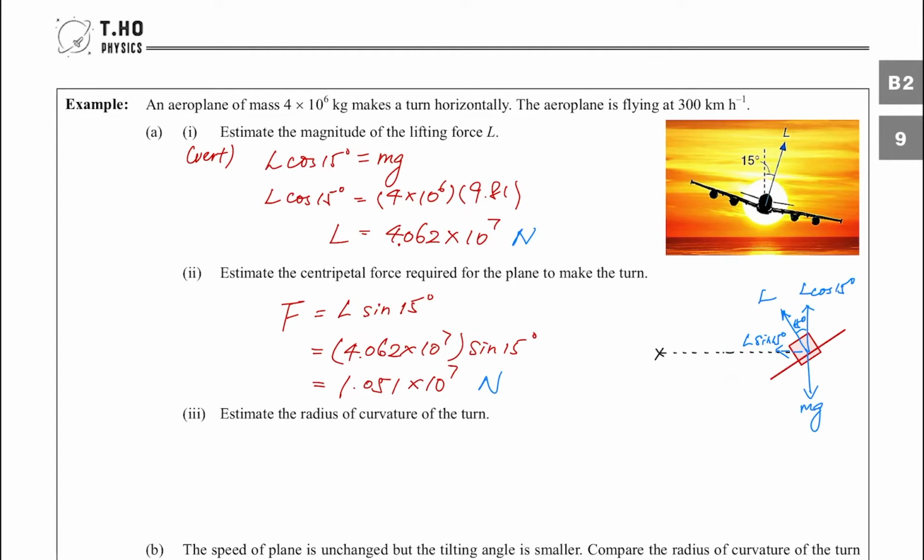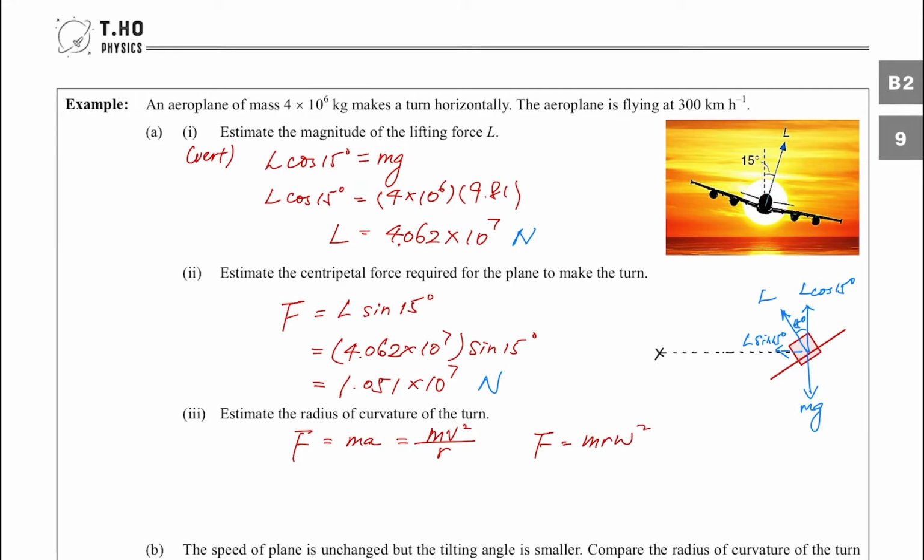Now here, the plane is turning with the centripetal force provided by L sine 15 with this magnitude, and we are asked to find the radius of curvature of the turn. Because F equals ma, the centripetal force would be equal to mv squared over r.